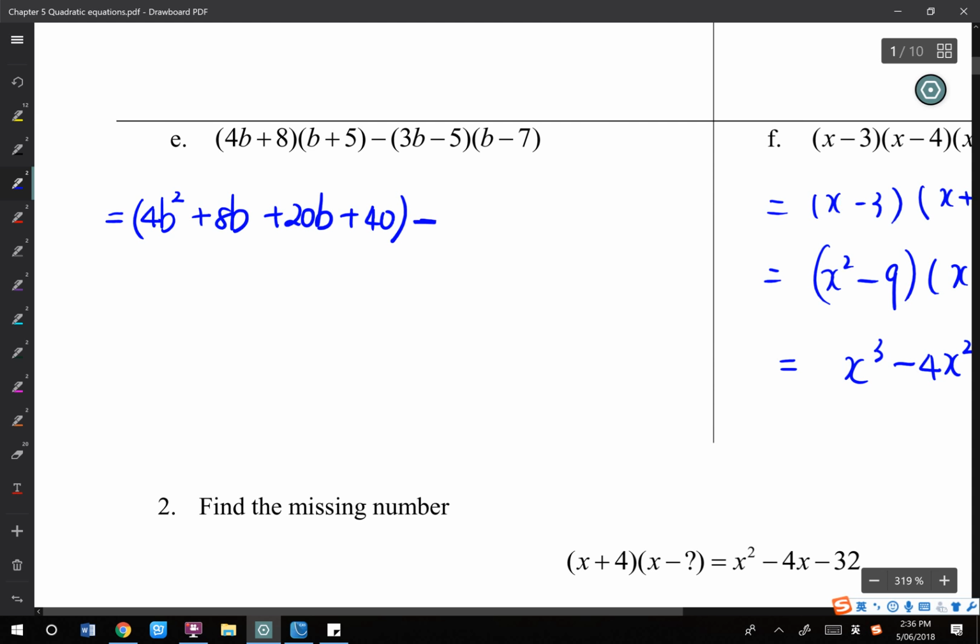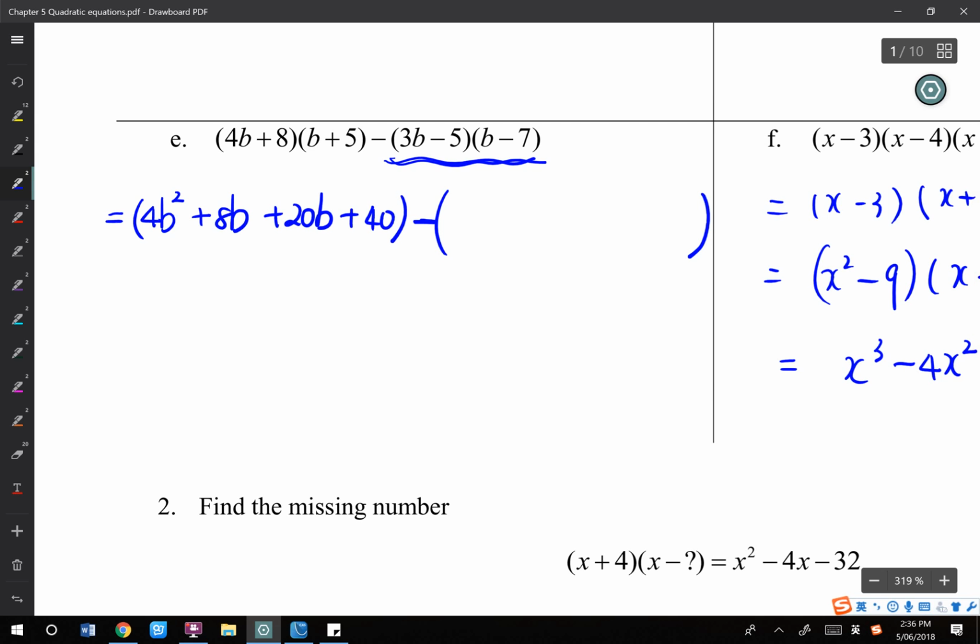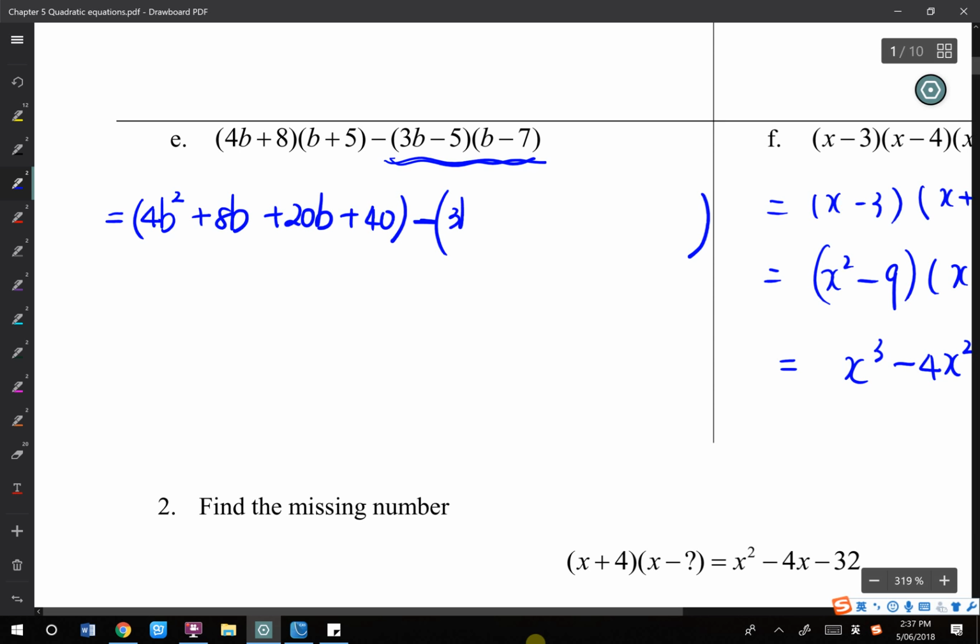Okay, we minus. Remember when we expand that, all the things will be in a bracket. We need to minus the total result of those two brackets multiplied together. So when we expand that, that gives me 3b squared minus 5b minus 21b and plus 35.